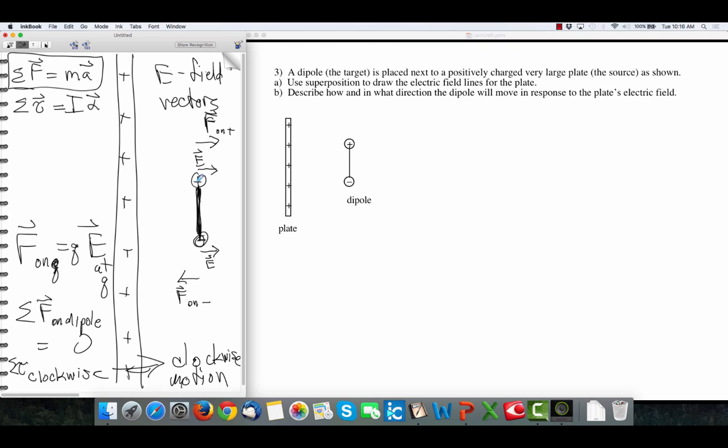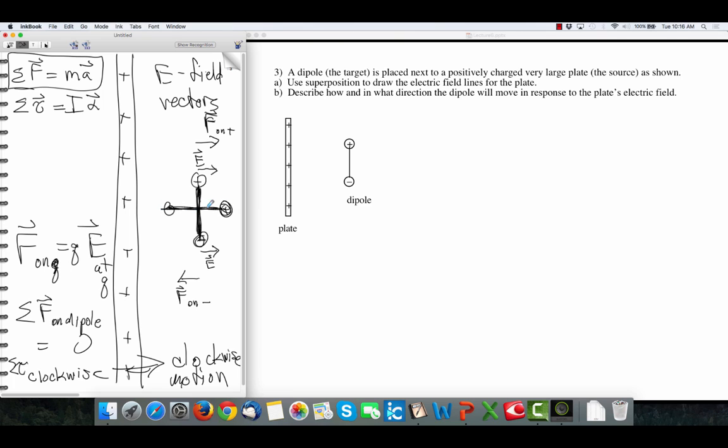Because there's a clockwise torque, this dipole, which is just sitting there at the beginning when you place it there, starts to rotate. There's still a clockwise torque, so it rotates faster and faster and faster until it comes to a position like this.